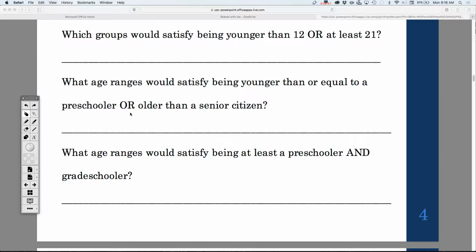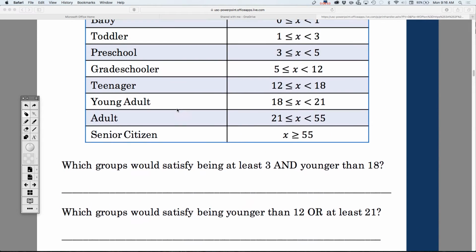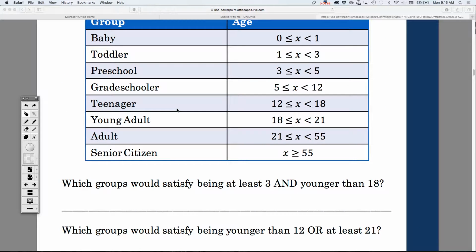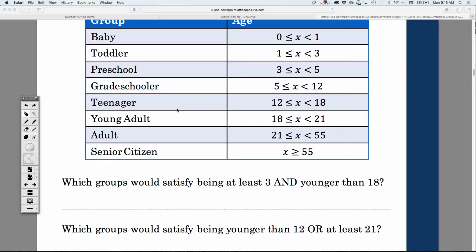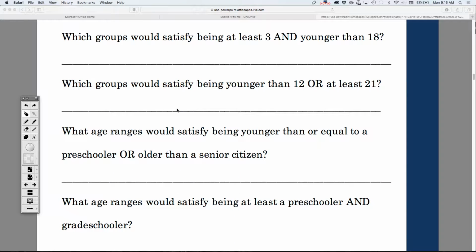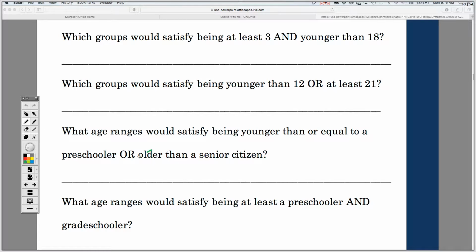Okay, now or older than a senior citizen. So what would be older than a senior citizen? I don't think you should say older than a senior citizen. When you're a senior citizen, there's nothing older.